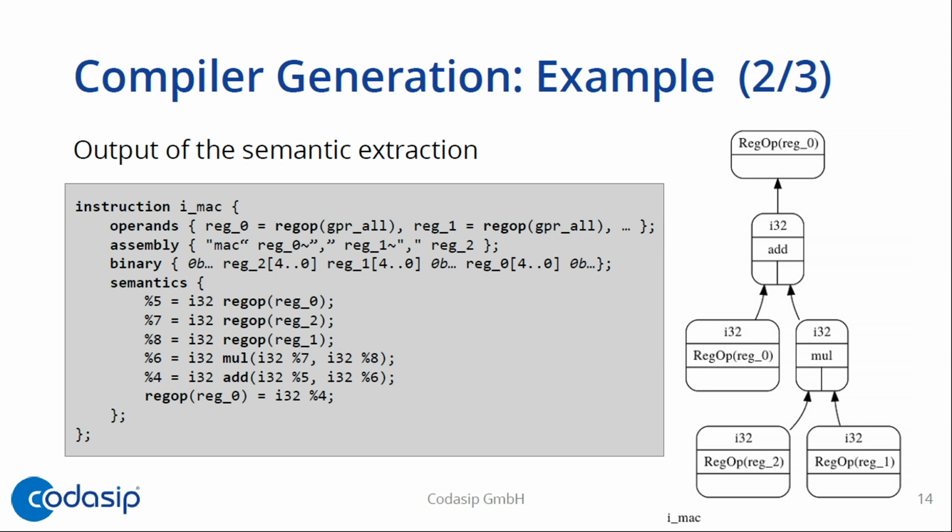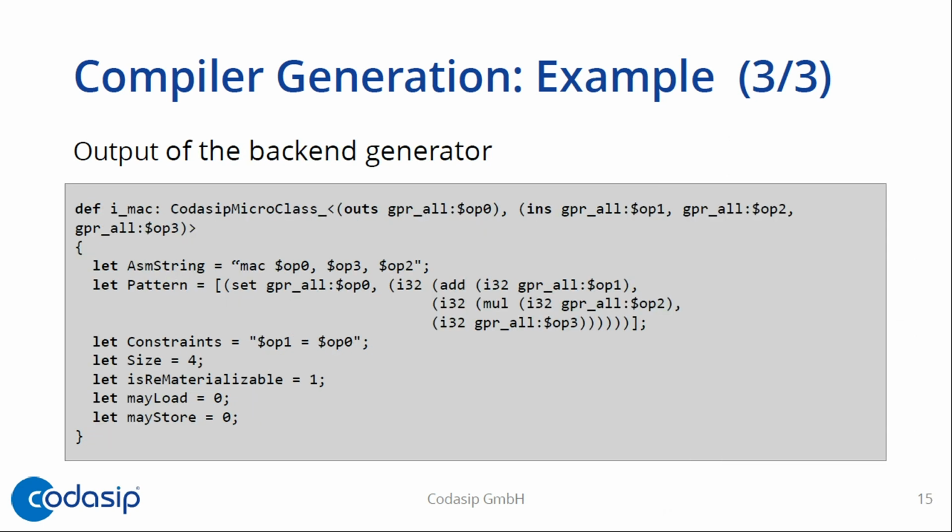And by the way, we are also able to generate the patterns. So here on the right side, you can see the graphical view of the graph or DAG that's produced by the semantic extractor. But it's not the last step. The final step is the output for the backend, which is here, and for anybody who's familiar with LLVM, it's a definition of IMAC. The important thing here is again the pattern.